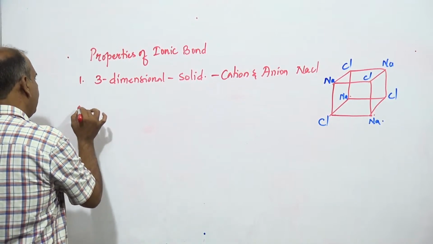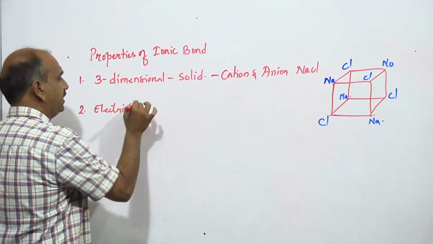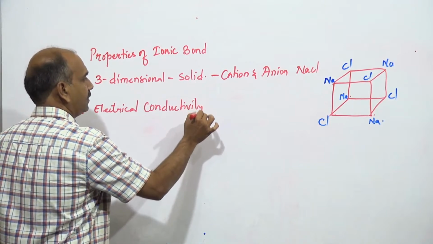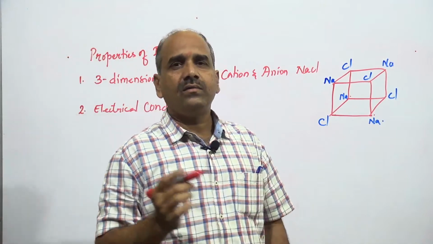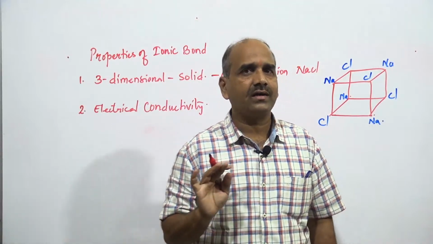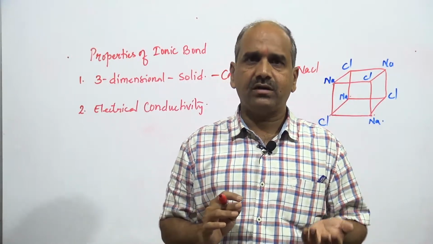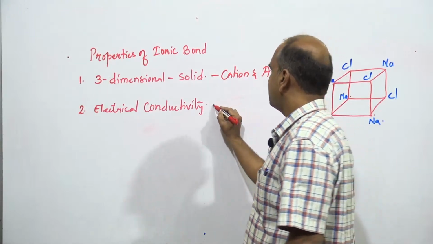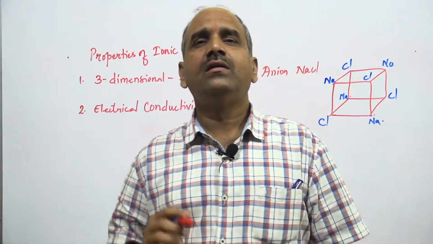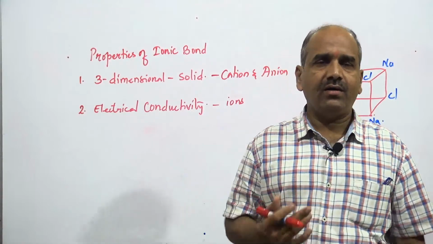Then the second property is regarding electrical conductivity. In the solid form, sodium chloride does not conduct electricity. But in the aqueous or molten form, ions are present, and those sodium ions and chloride ions are responsible for the conductance of that ionic substance.